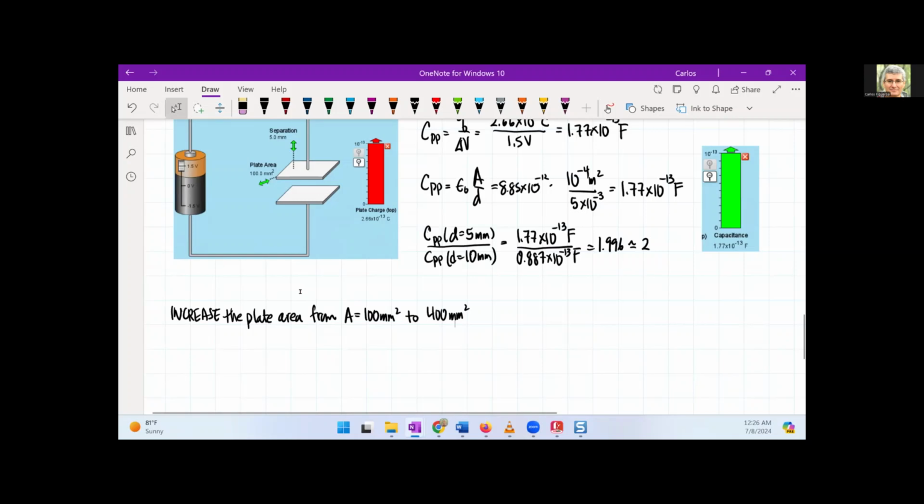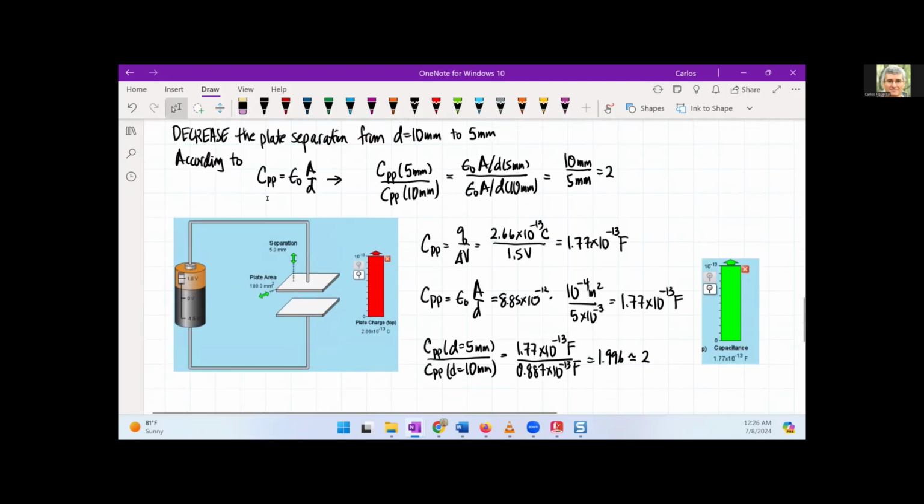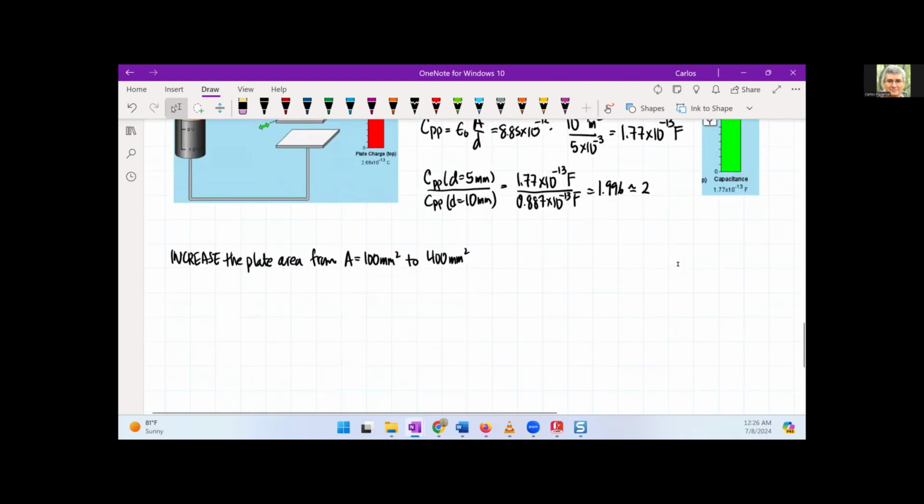So if we look at this, just like we talked about here, just using the capacitance equation again, accordingly, the capacitance of a parallel plate capacitor, we could talk about one being 100. Let's just keep it like this. And then let's look at the ratio here.